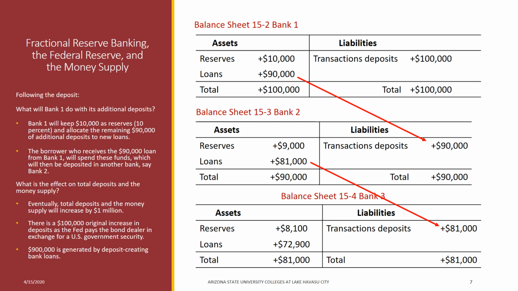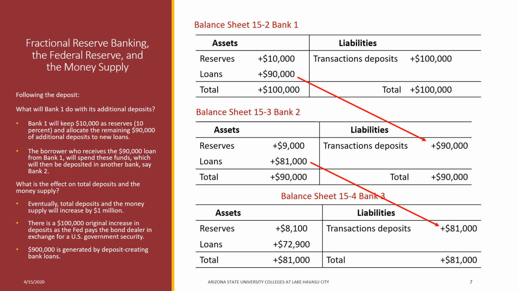Here you can see, as shown in balance sheet 15.2, Bank 1's transaction deposit liabilities increased by $100,000. Let us suppose that the reserve ratio for Bank 1 and other depository institutions is 10%.